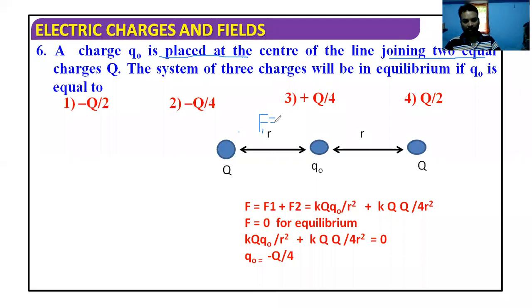F is equal to K Q Q naught upon the square of the distance between them, R square. So this is the force between these two charges.